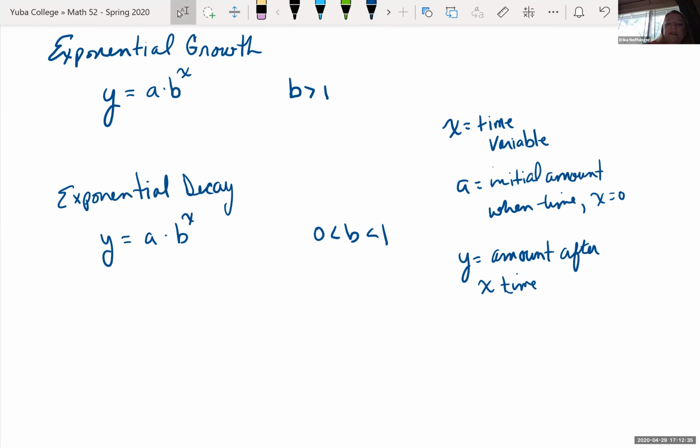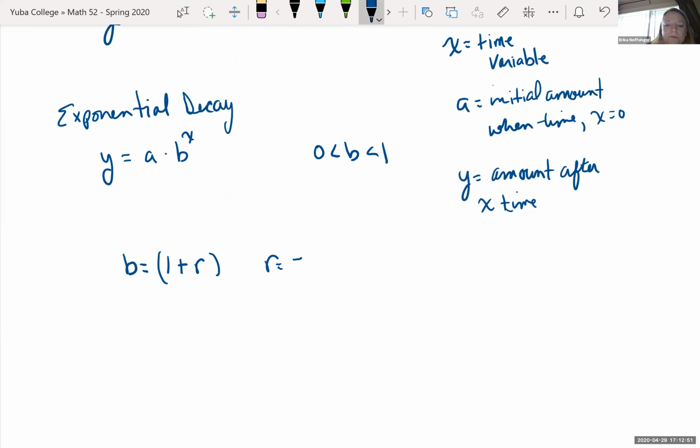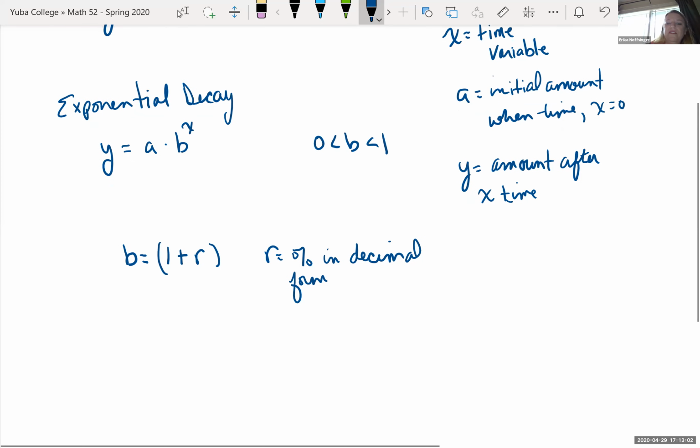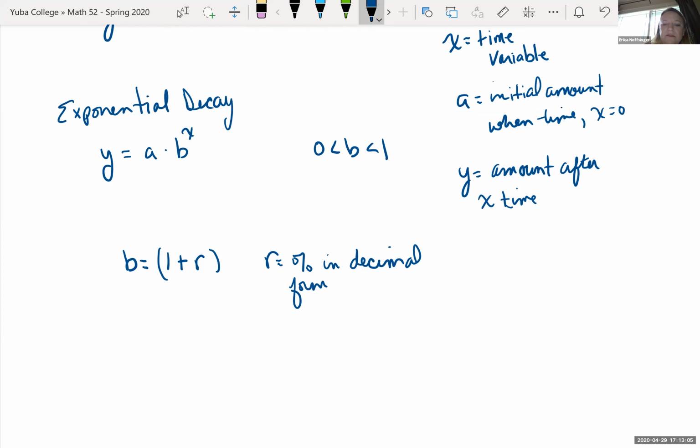So really, your value of b is equal to 1 plus r, where r is equal to the percent in decimal form, for a growth rate. This is for a growth rate.